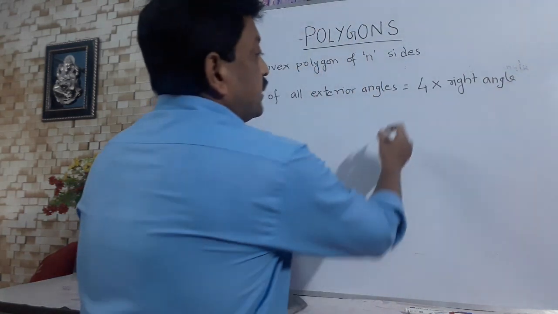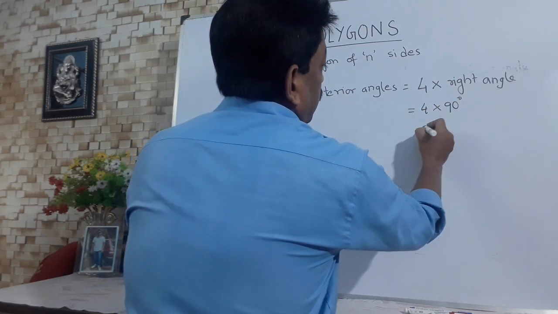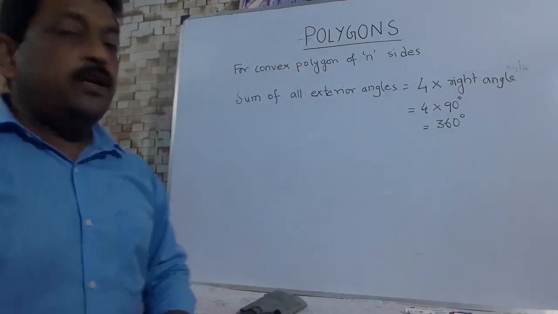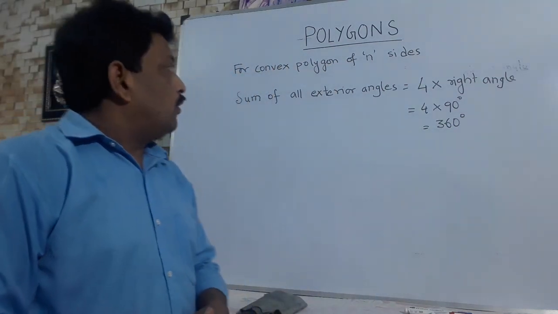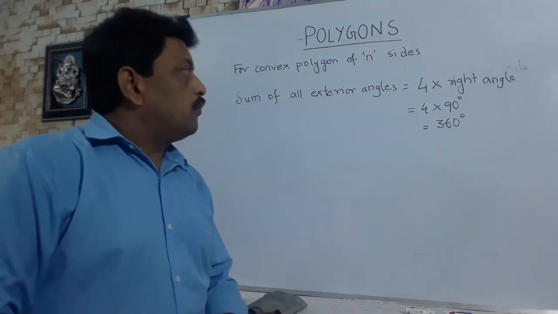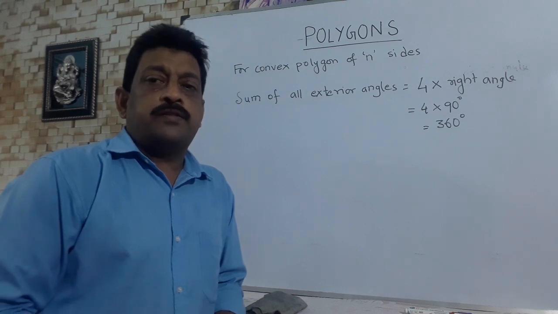In other words, we can say 4 into 90 degrees, that is 360 degrees. So if any polygon is given whose number of sides is known, then we can easily calculate the sum of all exterior angles.